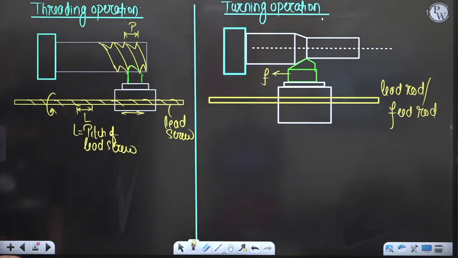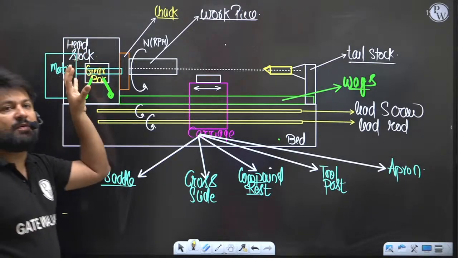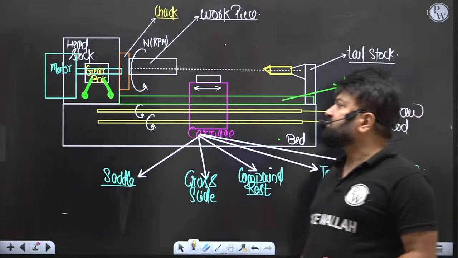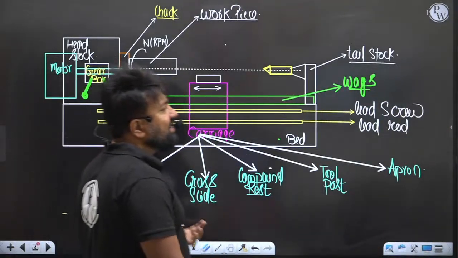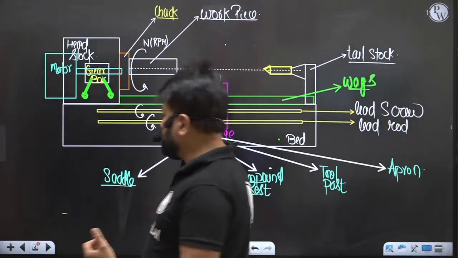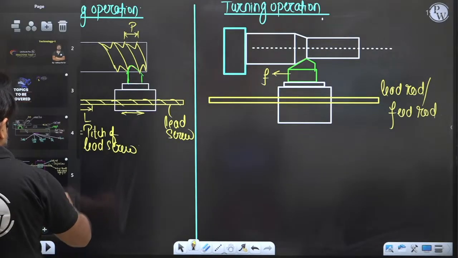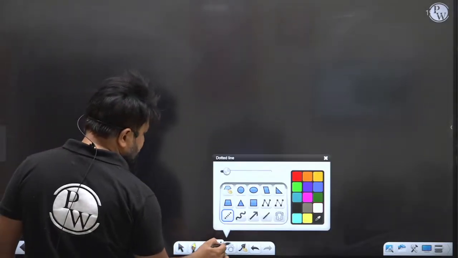Now, you have seen this picture here. With the help of the gearbox, you can increase the speed of the given workpiece, but RPM can be increased in the lathe in geometric progression only. So our next topic is number of spindle speeds.